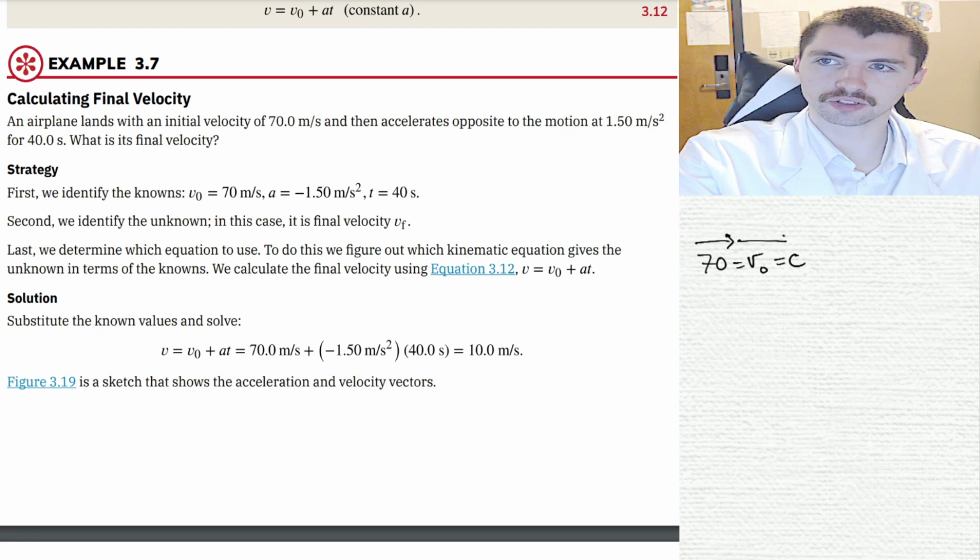So it's still going v, but then it's going to get a counter force this way, 1.5.